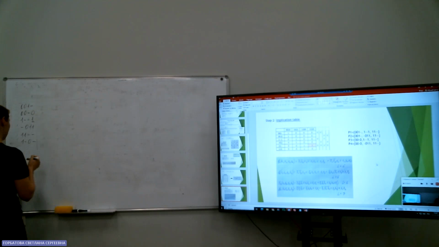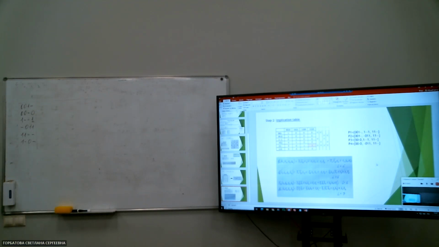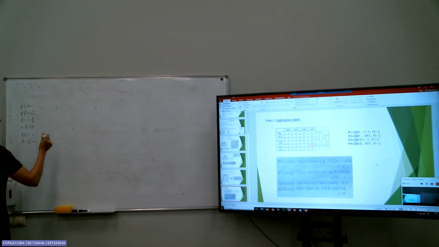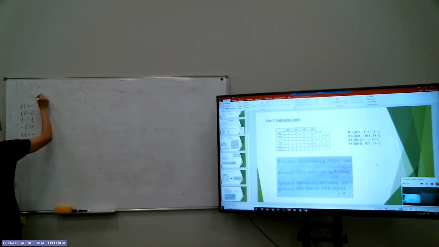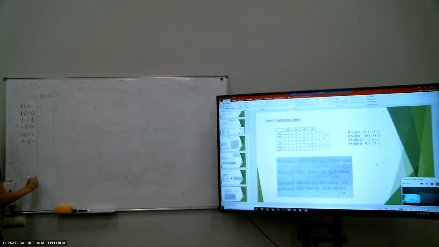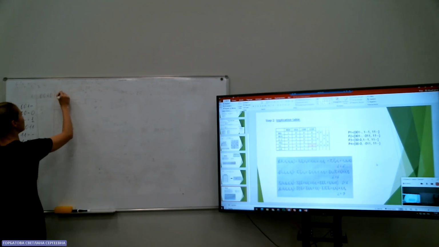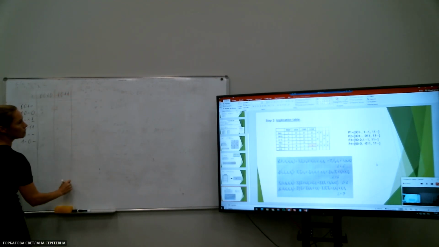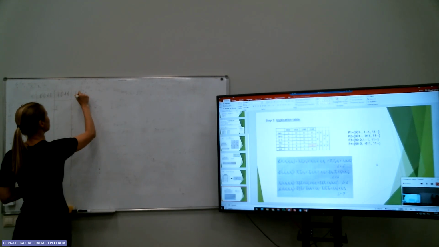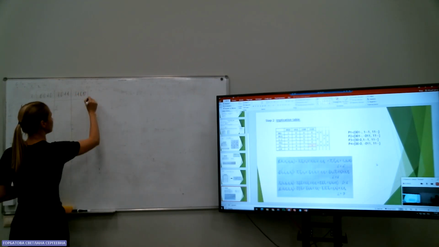So it is rows and columns, it is points where function equals to 1. It is 2, 11, 12, and 14.